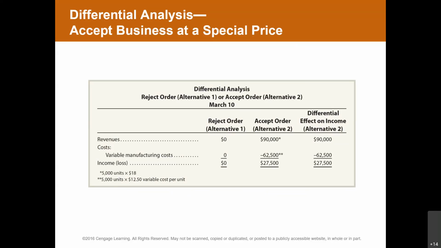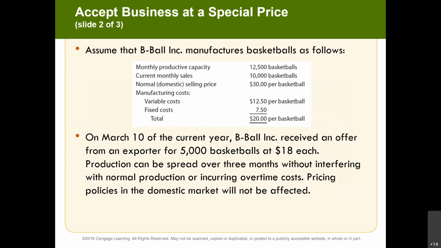Great question, Marcus. I appreciate you asking that. Looking back at this slide, the reason why fixed costs would not be included in this additional production line is because the fixed costs are already being incurred by the local market.